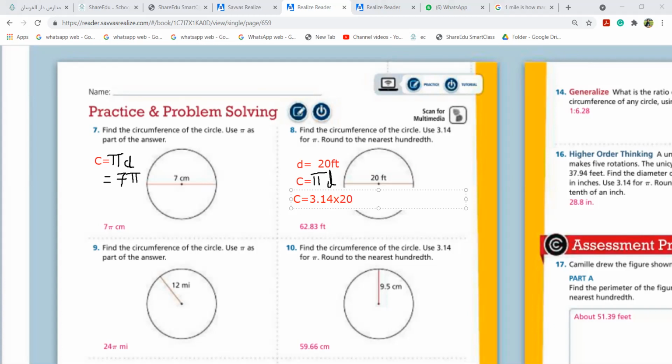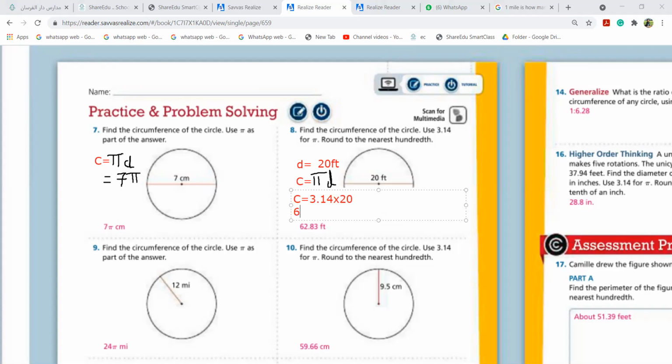Calculate and tell me the answer. 62.8. 62.8. Very good. That is the answer. 62.8 feet.